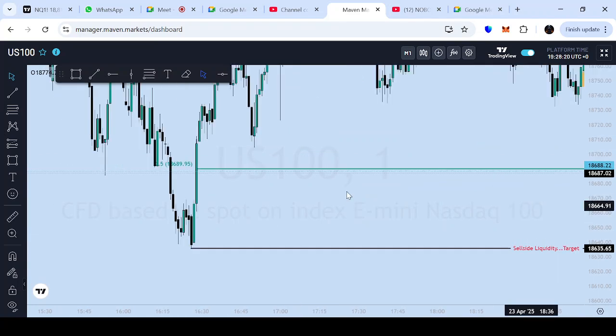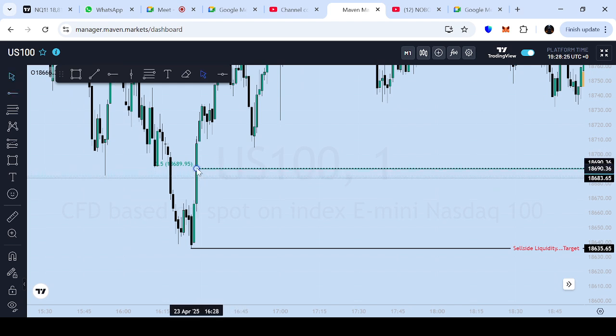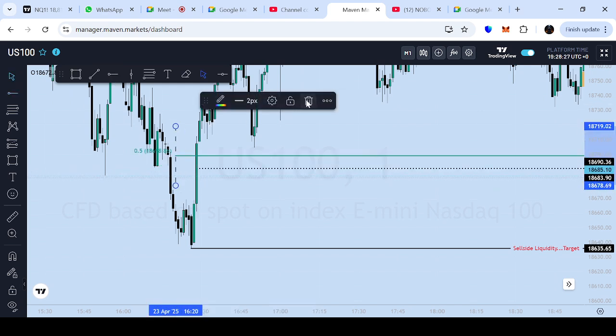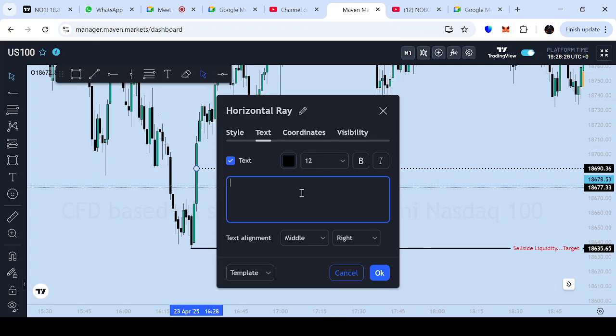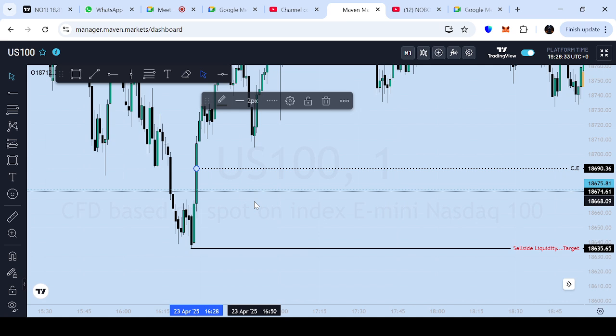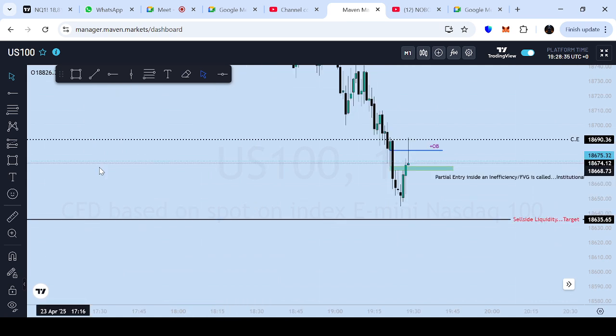And the consequent encroachment, 50% of this inefficiency.